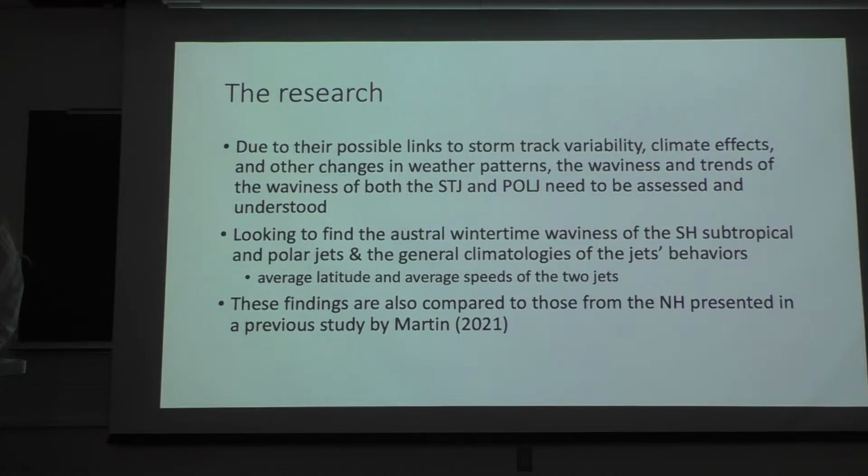And so we're also looking to find the austral wintertime waviness of the Southern Hemisphere subtropical and polar jets, and the general climatologies of the jets' behaviors. And these findings are also compared to the Northern Hemisphere results presented in a previous study by Norton in 2021.